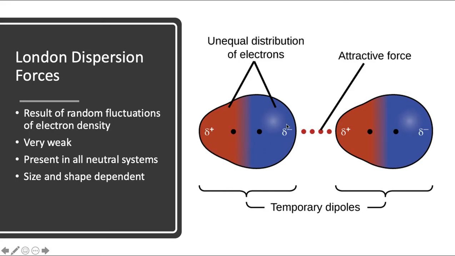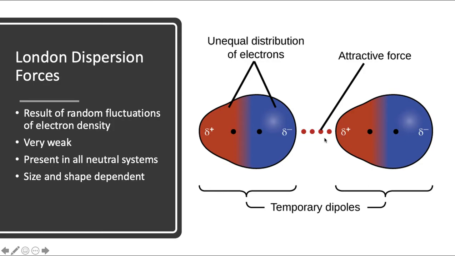And if I form what we call a temporary dipole, where I have a partial negative charge on one side and a partial positive charge on the other, well, this is going to induce a dipole on a neighboring molecule, because now these electrons are going to push, right?